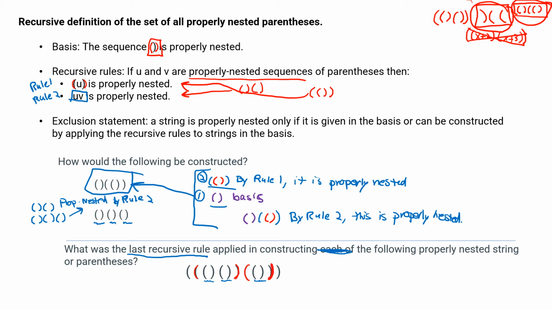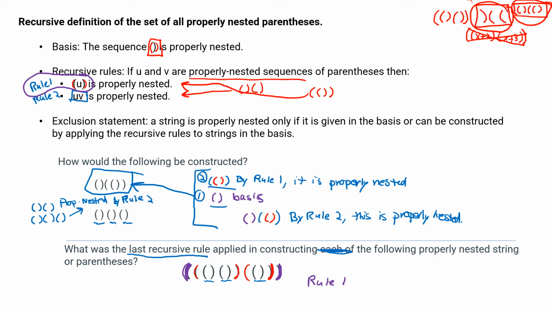And so you see, the only thing that's left now are those outer parentheses. So it looks like they again started with these 3 basis ones and then put parentheses around the first 2, parentheses around the second, put them together, which would be rule 2. And then the very last thing that would be done would have been to put parentheses around that. So putting parentheses around that would have been rule 1. So I could say that's rule 1.